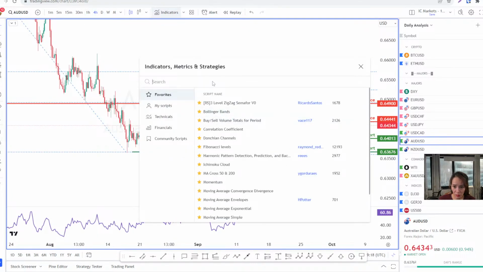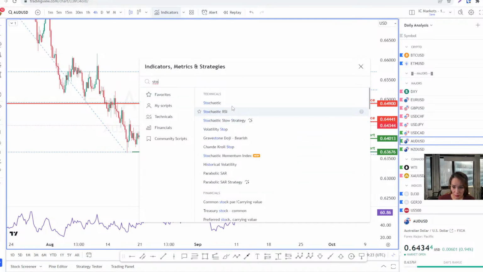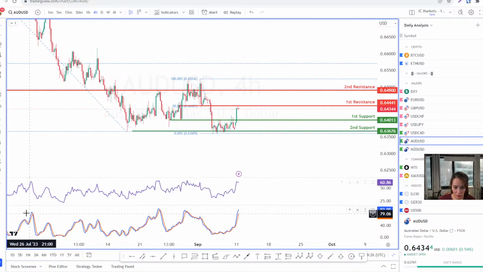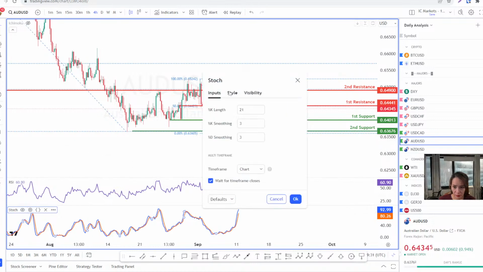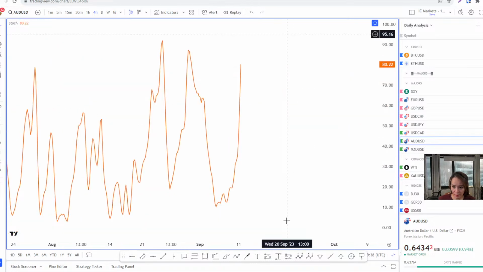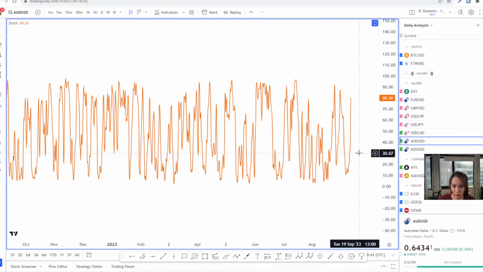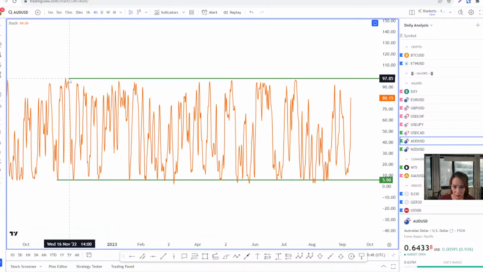Okay, let me just pull out our stochastic, 21, 3, 3. I just want to find a hidden resistance or hidden support, so let's see somewhere here. Can you see anything here for H4?